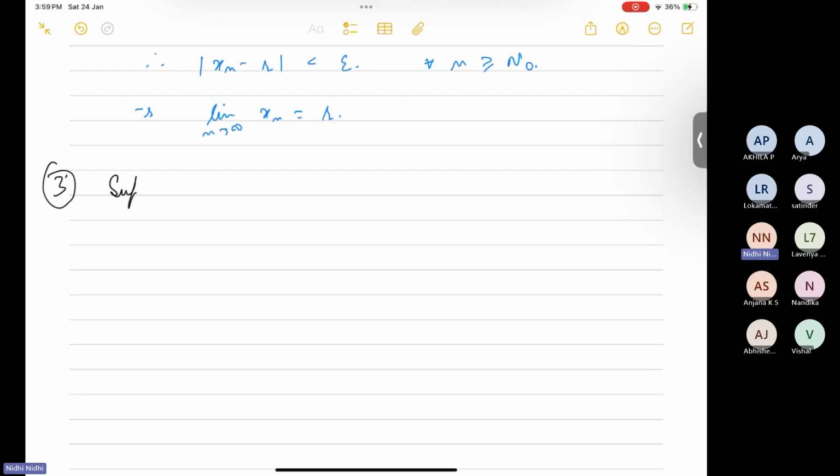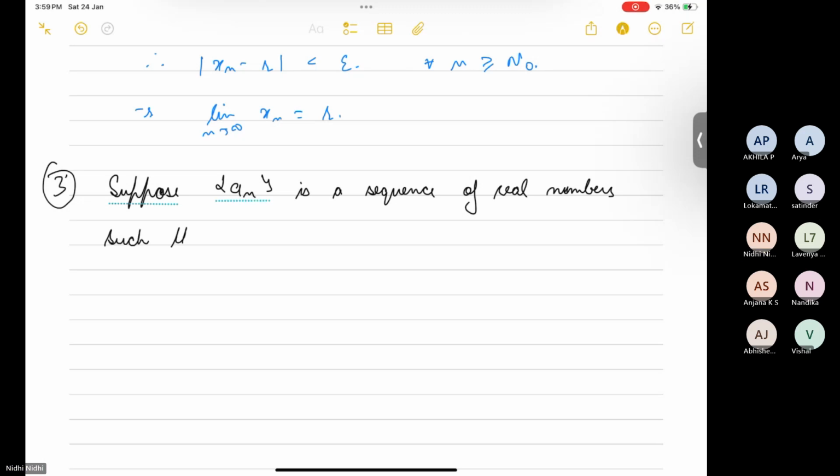Now suppose an is a sequence of real numbers such that its subsequences. So what do we mean by subsequence? Can anyone tell me?